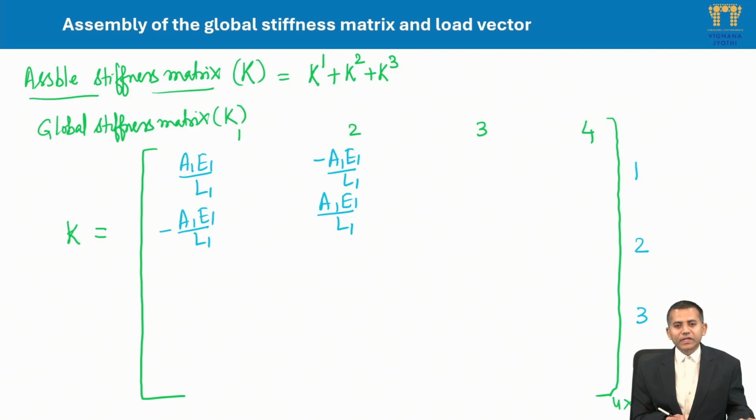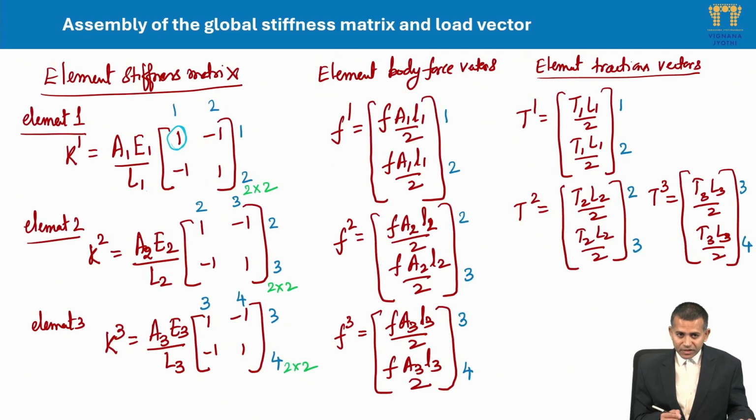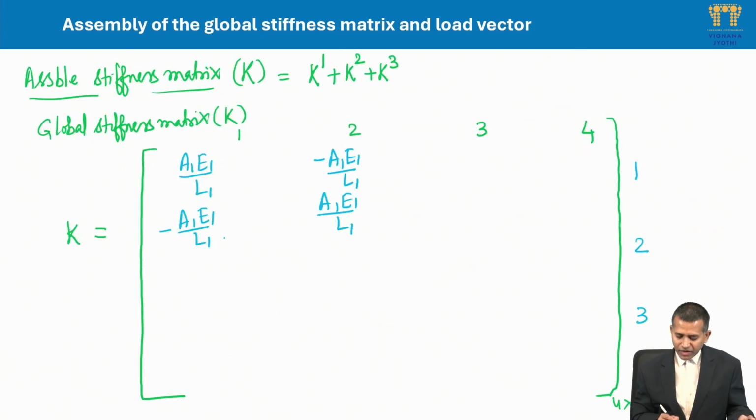Same, if you can see for element 2. Element 2 you have in the second row, second column, and second row, third column, and again in the second column, third row, and third column, third row. So these values again you put in your matrix here. So this is second column and second row.